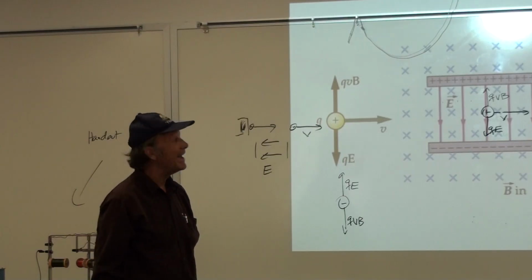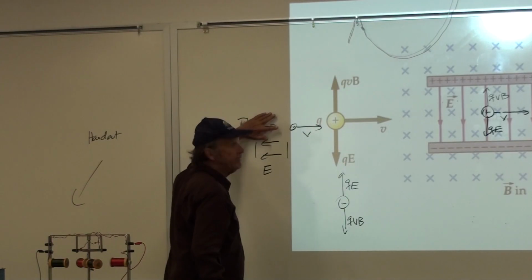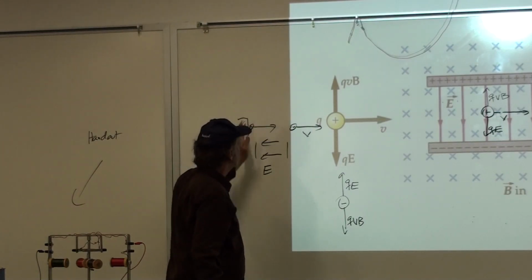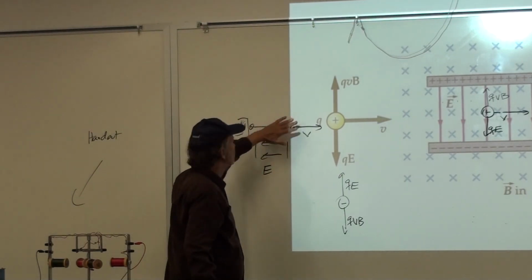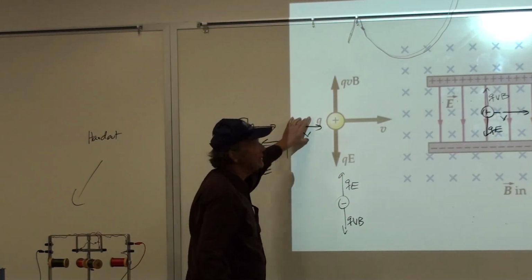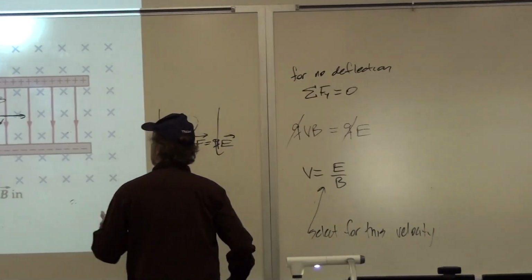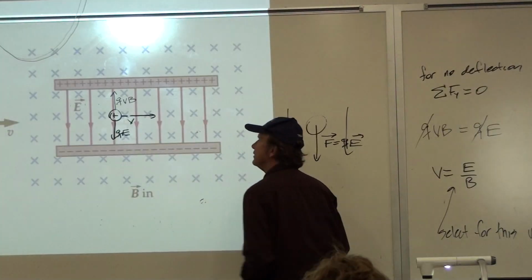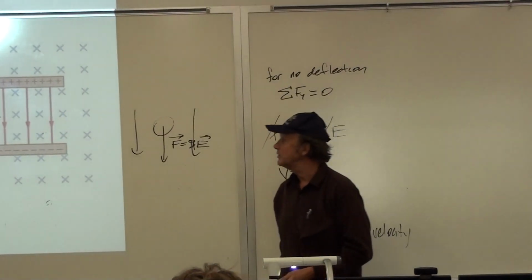But not exactly, because there may be some variation in how fast the electron was being ejected from the cathode ray tube, and there might be some variation in the direction too. There are all kinds of reasons why this velocity might not be quite what you would expect it to be. And so you don't want those screwing up your experiment later on. You want to know exactly what the velocity is. So you screen out all those other particles.